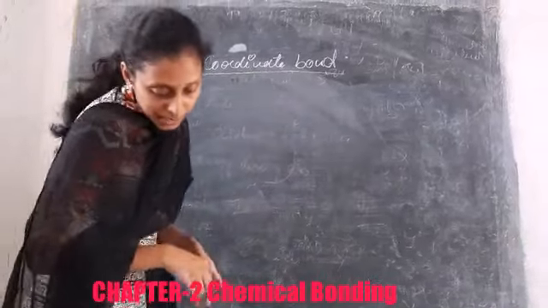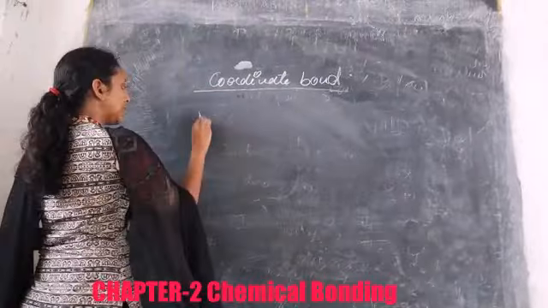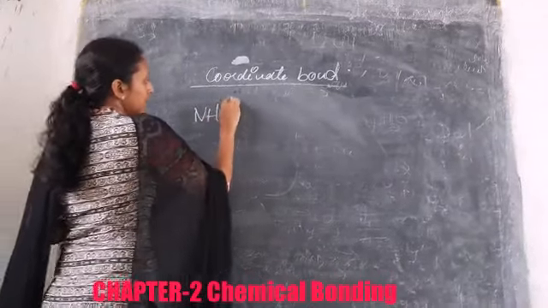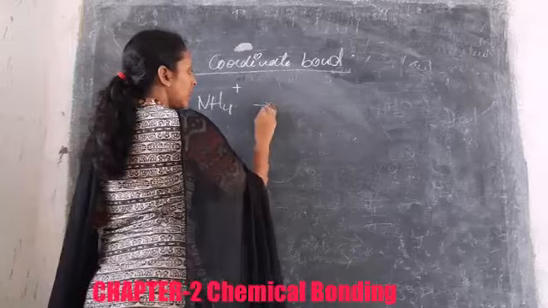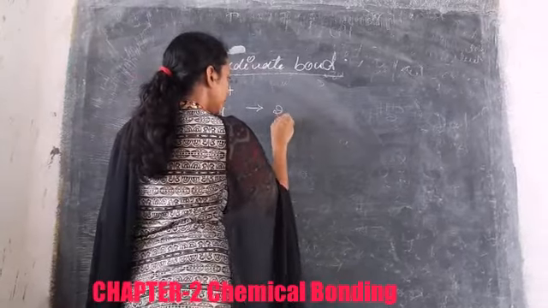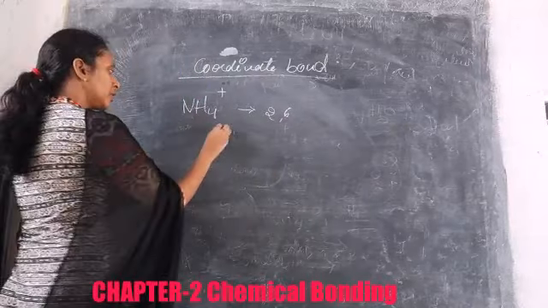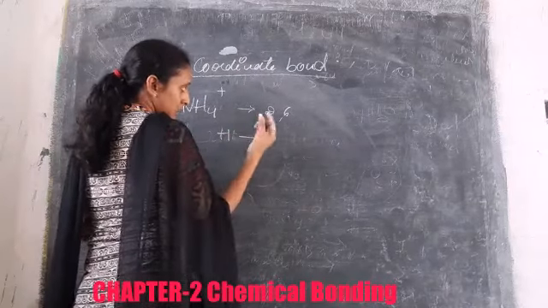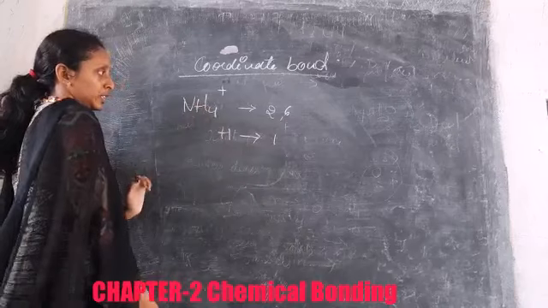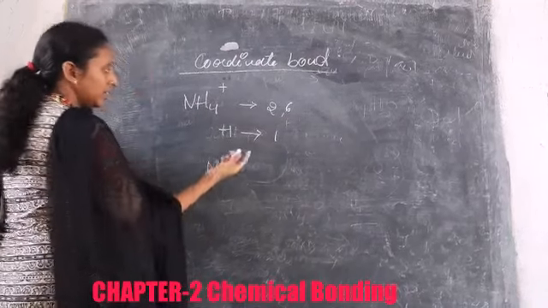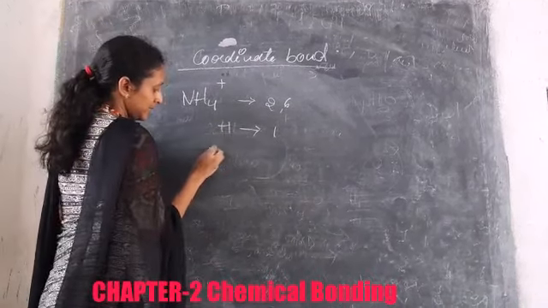So first example is the NH4 plus ammonium ion. So nitrogen atomic number is 7, with 2 and 5 electrons.